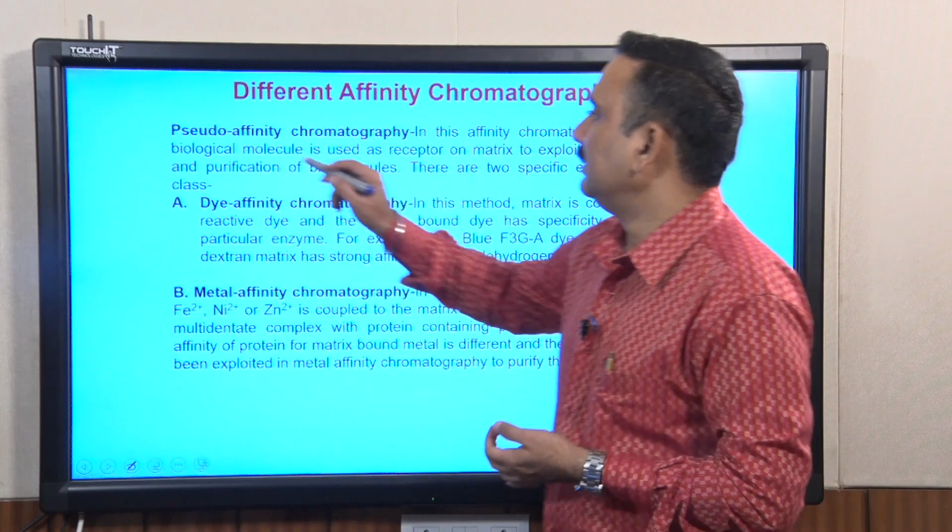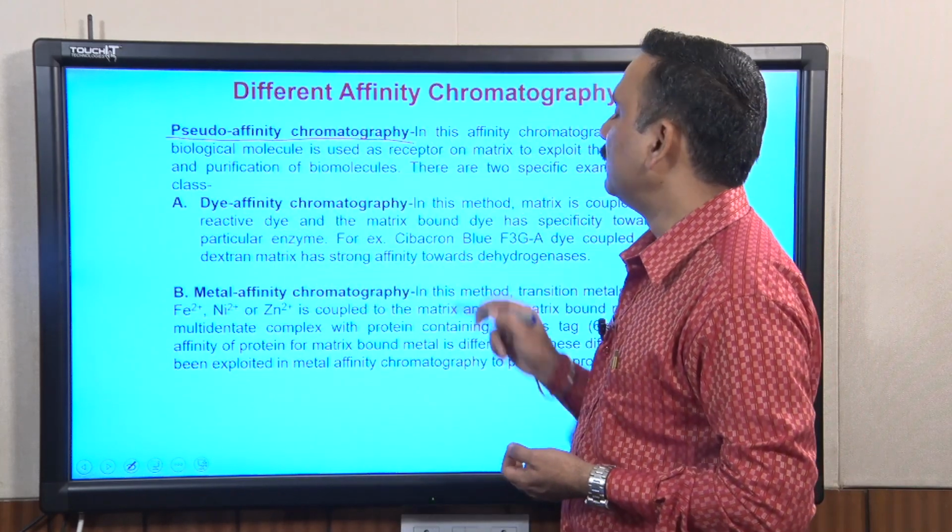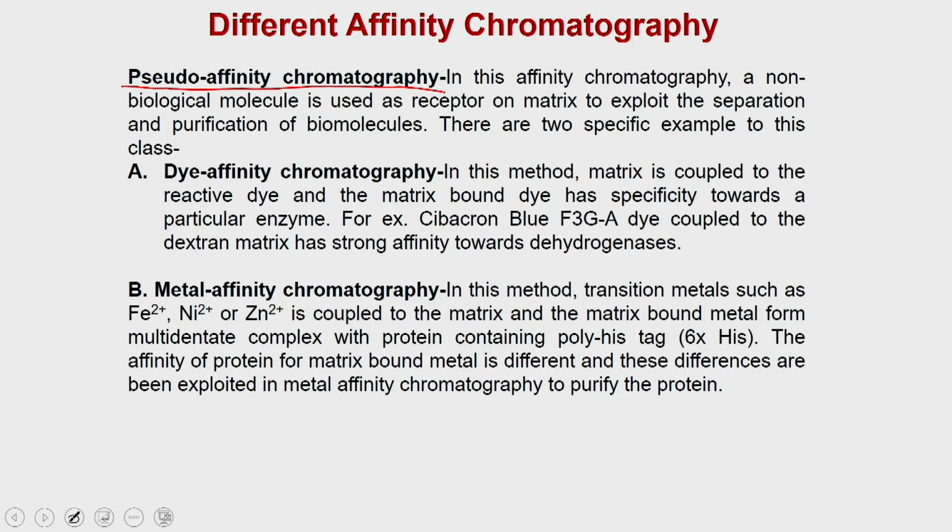The second is pseudo affinity chromatography. In this affinity chromatography, a non biological molecule is used as a receptor on the matrix to exploit the separation and purification of biomolecules. There are two specific examples: dye affinity chromatography.